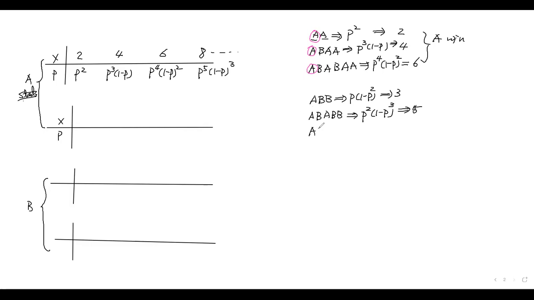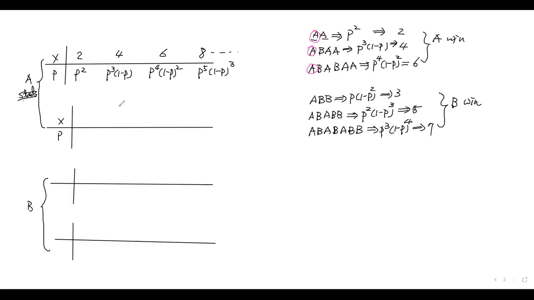You say A, B, A, B, A, B, B. B wins again, because the last two are B. I have 1, 2, 3, so P cubed, then 1, 2, 3, 4, so 1 minus P to the 4. How many games here? 7 games. So this is the probability of B winning and the number of games.